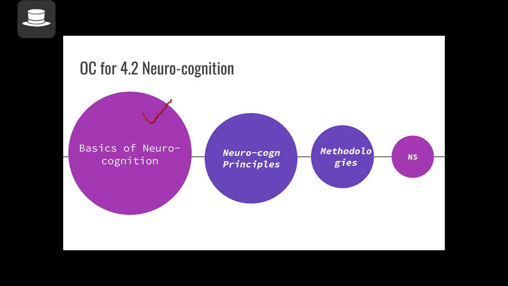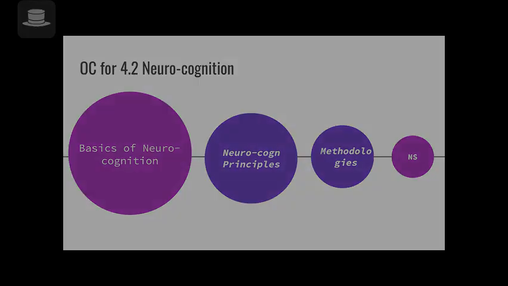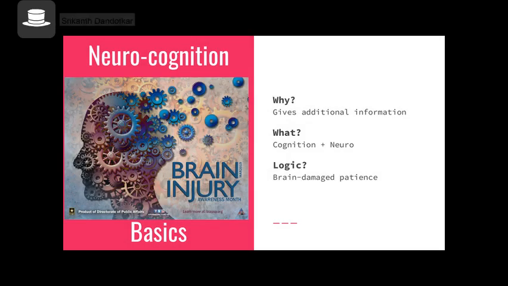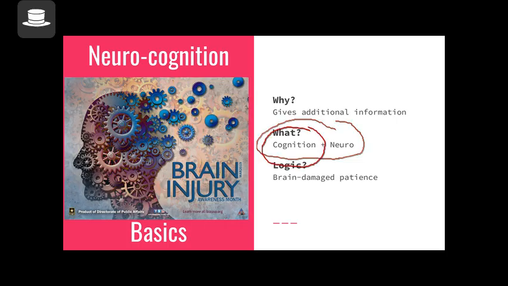So let's start with the basics of neurocognition. What is neurocognition? Well, neurocognition is both cognition and neurological aspects of it. In other words, we'll study the mental processes, but we'll also gather information specific to the brain's structures involved in it, both physiological, chemical, and things like those.